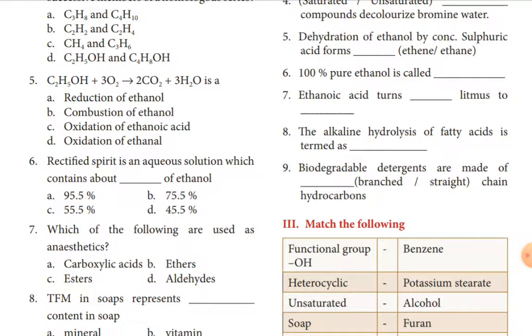When we learned the manufacture of ethanol, we learned rectified spirit is a mixture of 95.5% of ethanol and 4.5% of water. So 95.5% of ethanol is rectified spirit. So option A is the correct answer.